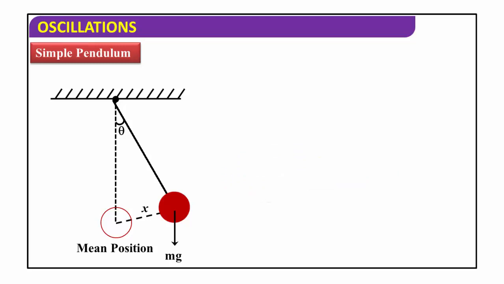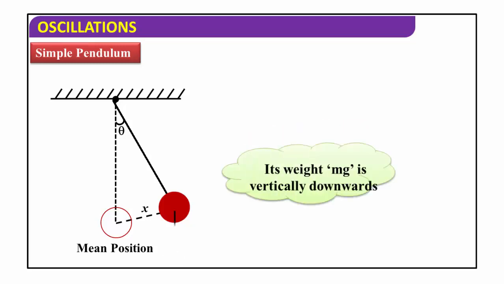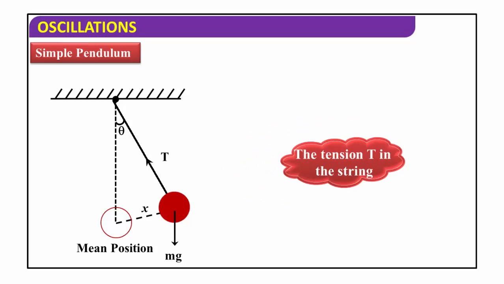The weight of the bob, mg, acts vertically downwards, and the tension in the string acts upwards along the string.